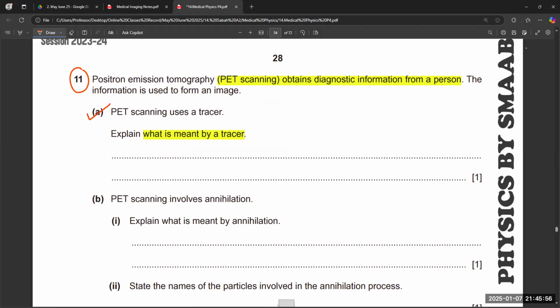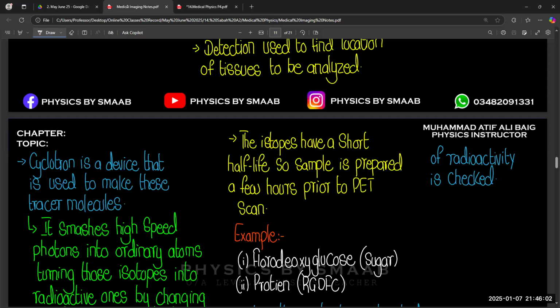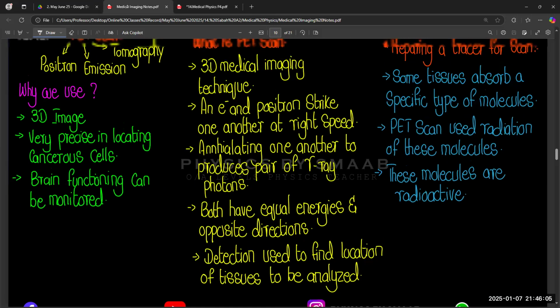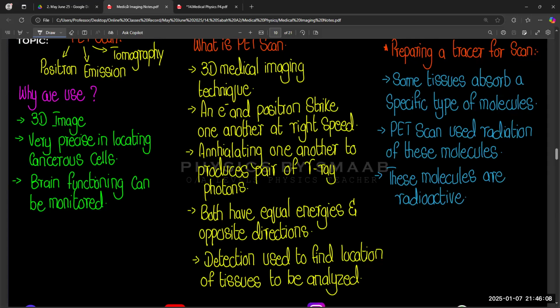So basically, in simple words, because we only need to write for 1 mark, and over here we discussed the tracer in much detail. In simple words, we can say that it is a radioactive nuclei that is absorbed by the tissue, and we study that radioactive nuclei absorbed by the tissue. In the start we discussed preparing a tracer for the scan. Some tissues absorb a specific type of molecules. So the main idea is that we need to prepare something that is absorbed by that specific type of tissue.